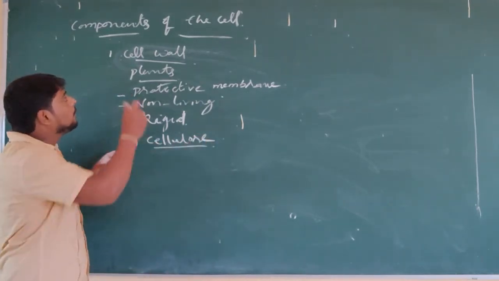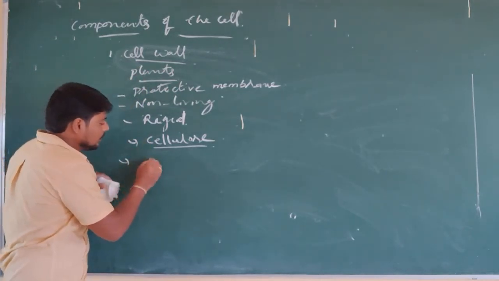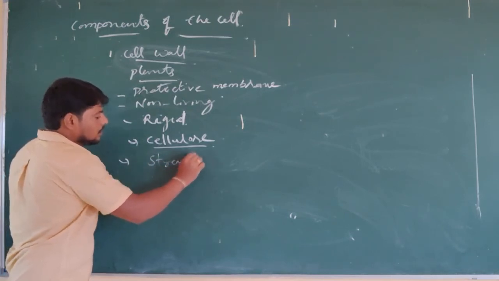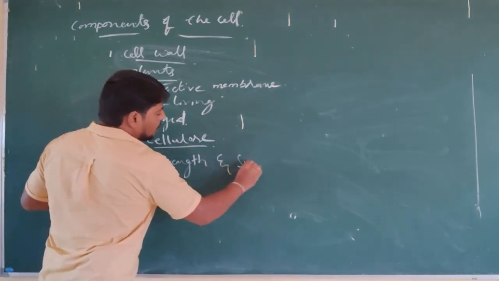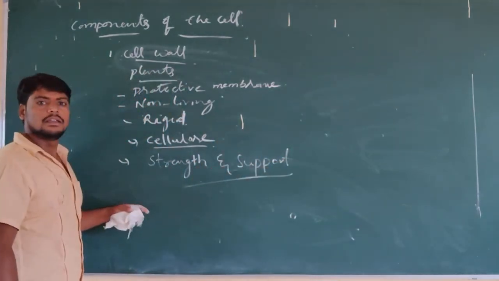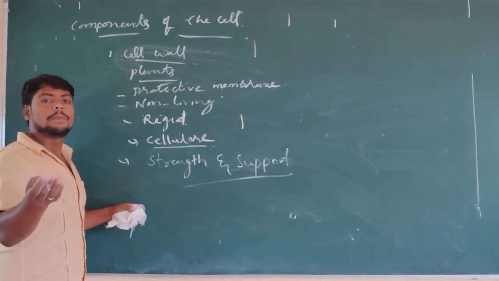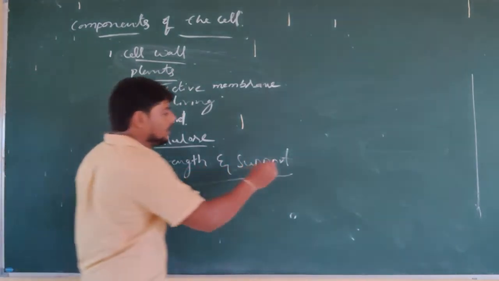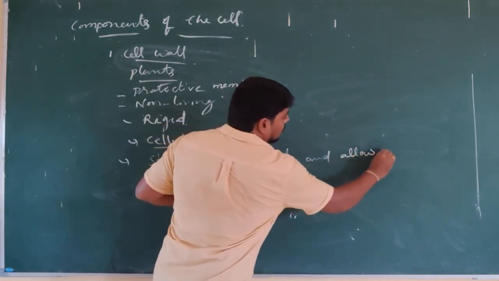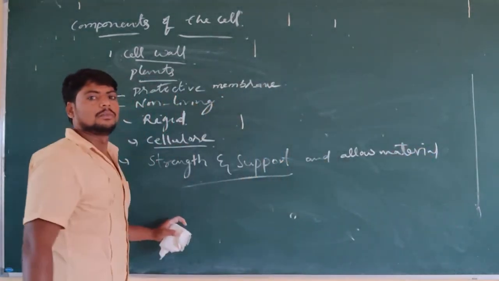So the important function of the cell wall is that it gives strength and support to the cell, and it also allows materials that are needed to pass through it.